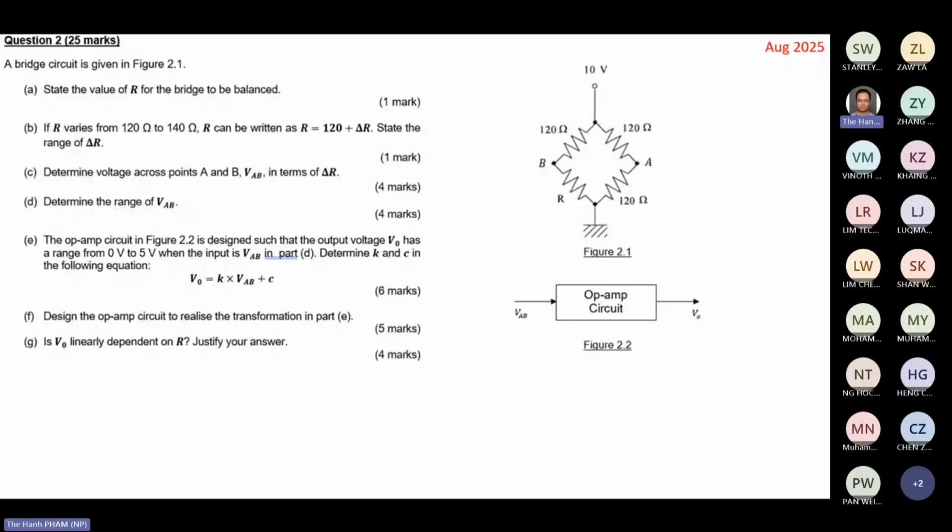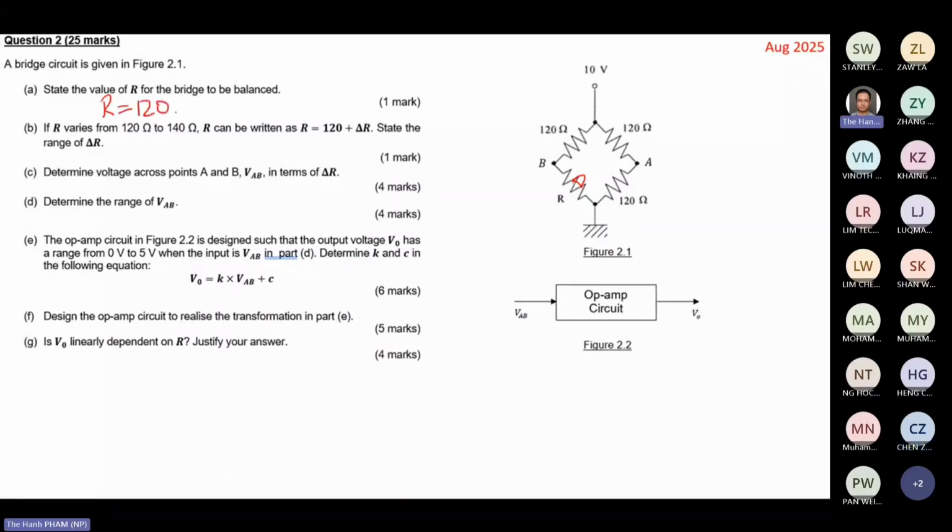Okay, so this is the question about the bridge. This one is very simple already, right? Can you tell me what should be the values of R? So we have fixed values here, but this one can be changed.